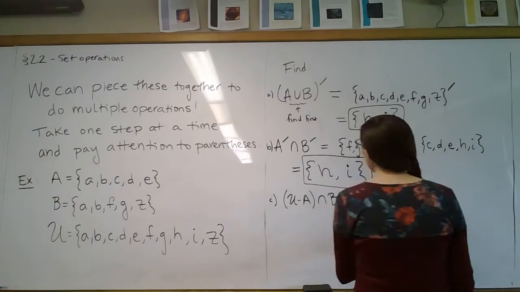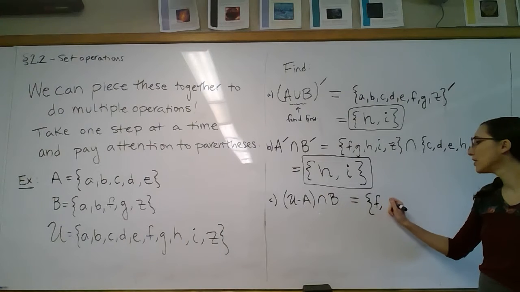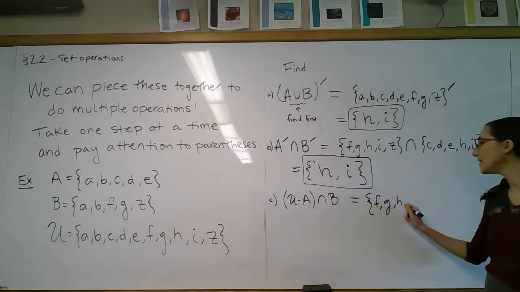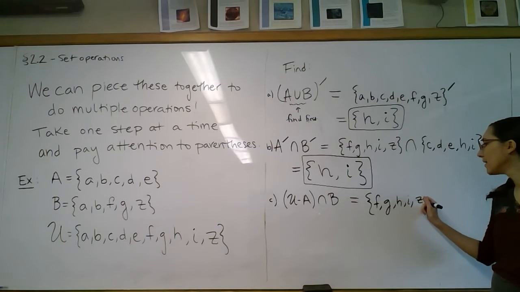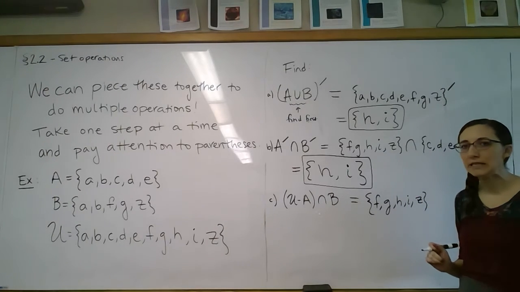If we look at what that's going to be, the things in U, but not in A, well, it's F, G, H, I, and Z, right? It's everything except A, B, C, D, and E.